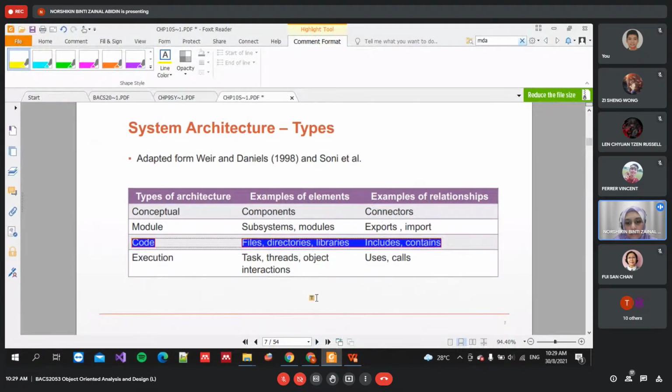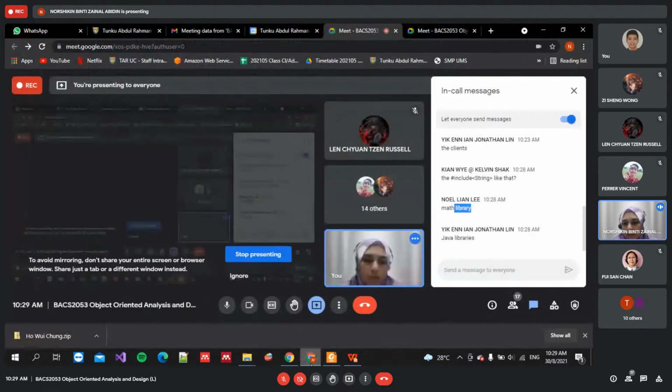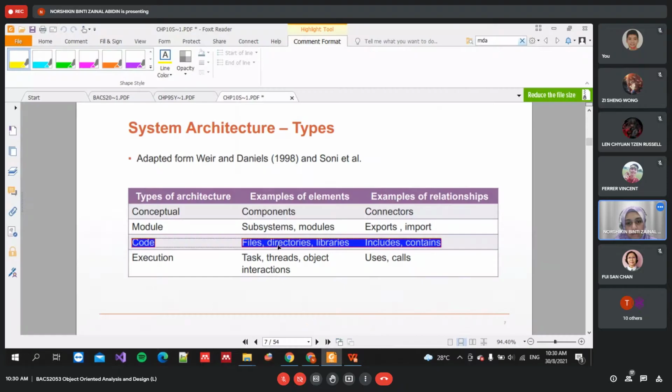For example, this one is by Noel. Under the maths library, what function do we have? For example, we want to calculate the square root of our input, maybe a number. The square root is already stored in the library. So that is the function of a library.